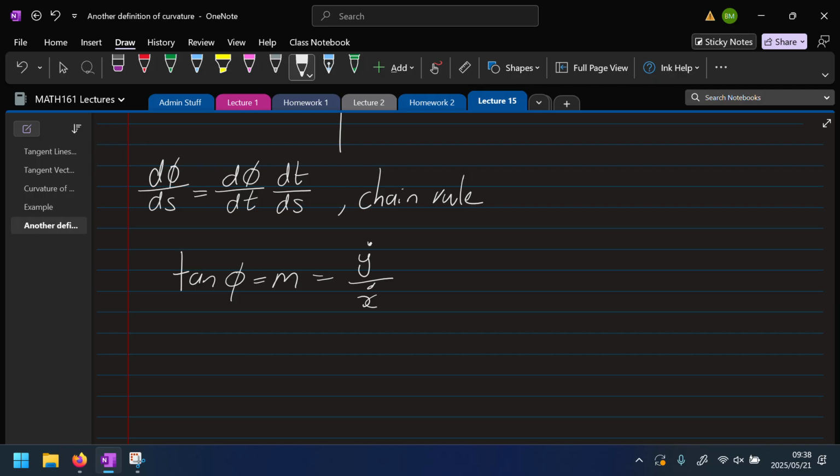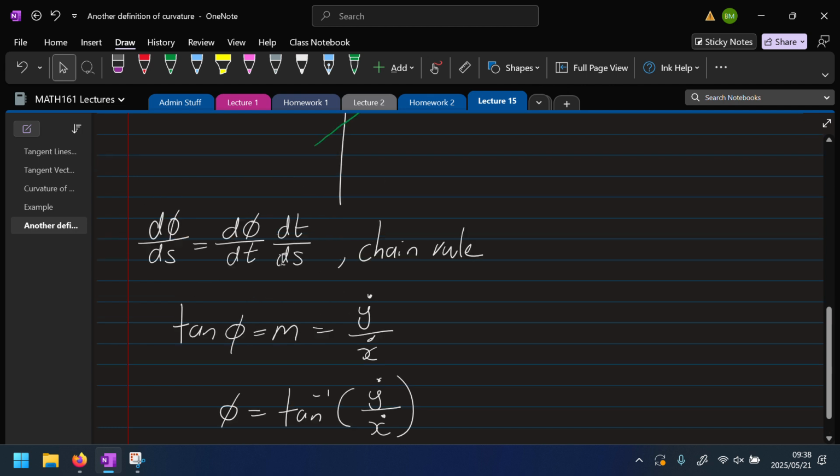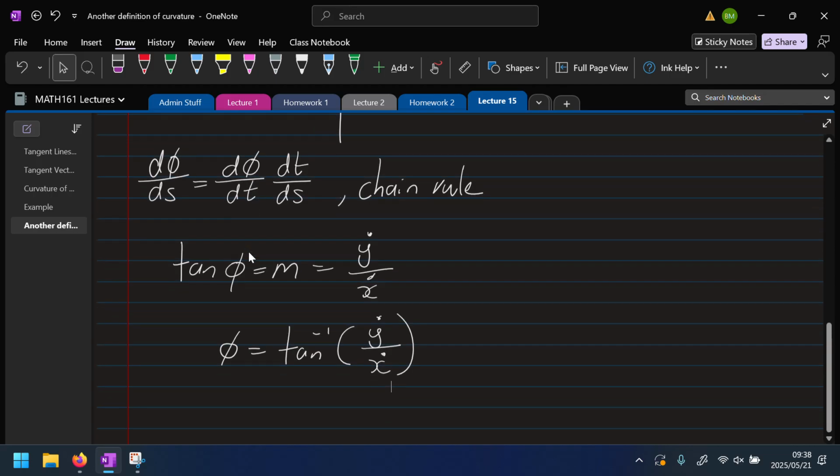So let's do arctan on both sides. So phi is going to be tan inverse of y dot over x dot, because we don't want tan phi, we want phi, so that we can do the derivative. Everyone okay with that? All good.